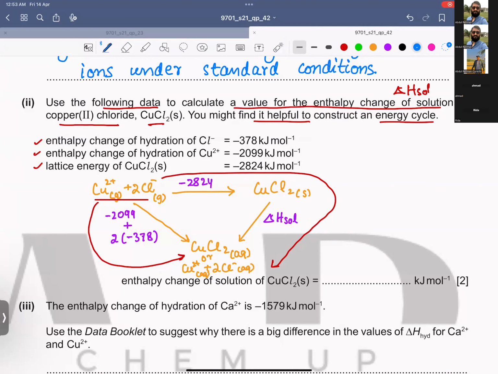So the expression would become minus 2099 plus 2 times minus 378 is equal to minus 2824 plus x, and x is the enthalpy change of solution. So if I make x the subject, then it is minus 2099 plus 2 times minus 378 plus 2824. Can anybody solve and tell me the answer?